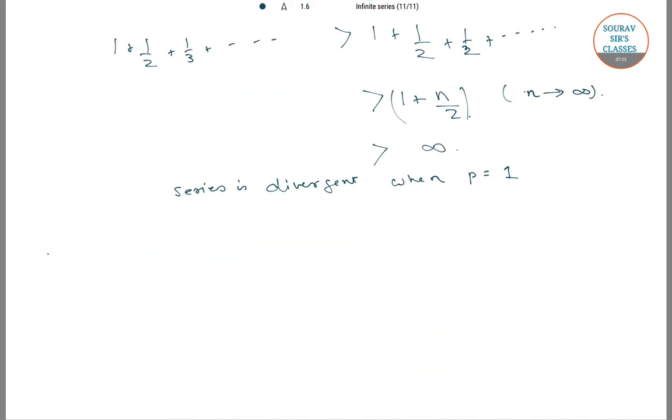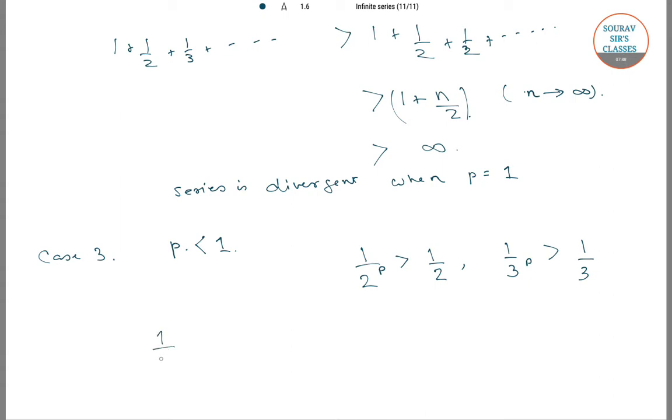Now case 3, that is when p is less than 1. Now when p is less than 1, 1 by 2 raised to the power p is greater than 1 by 2. Similarly, 1 by 3 raised to the power p will be greater than 1 by 3 and so on.